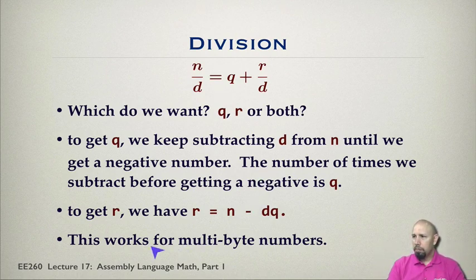And when you do multi-byte numbers, you can go through and show that the result will generally occupy fewer bytes than the original numbers that we're working with. Of course, if D is 1, then you'll always get the same number of bytes.